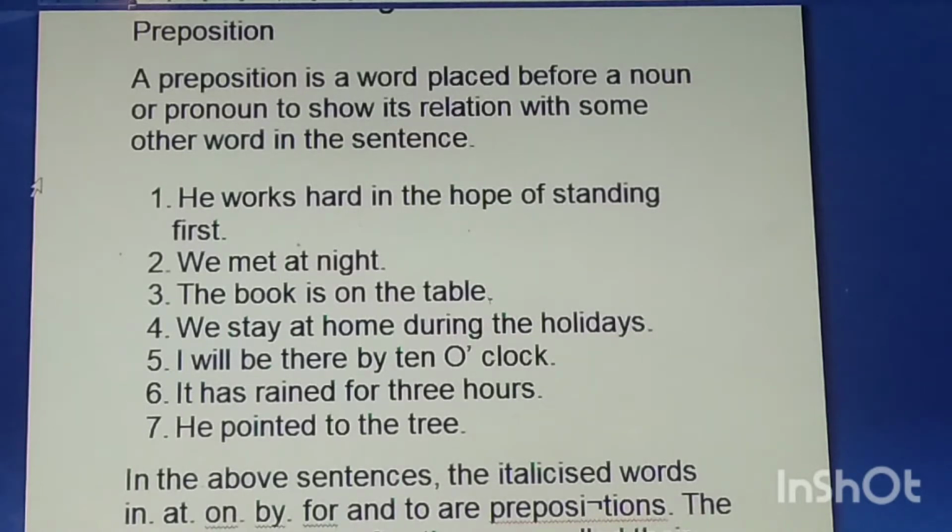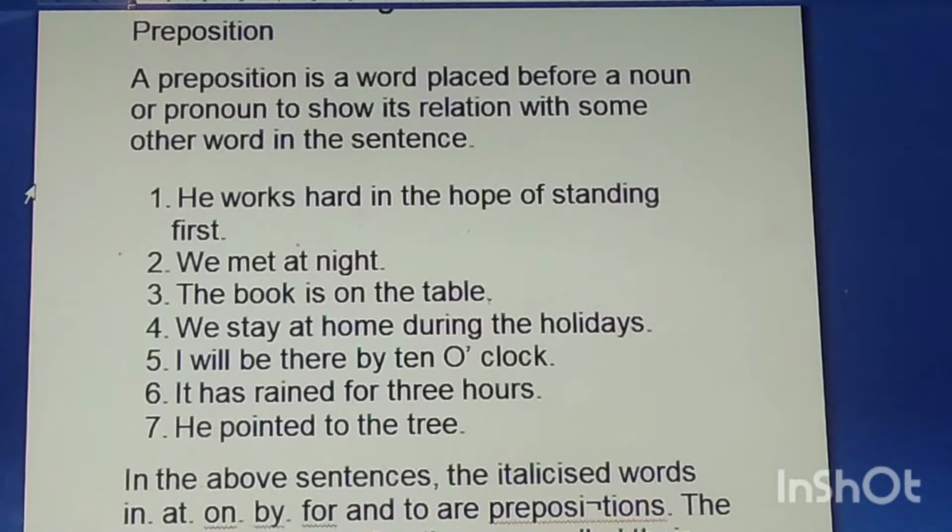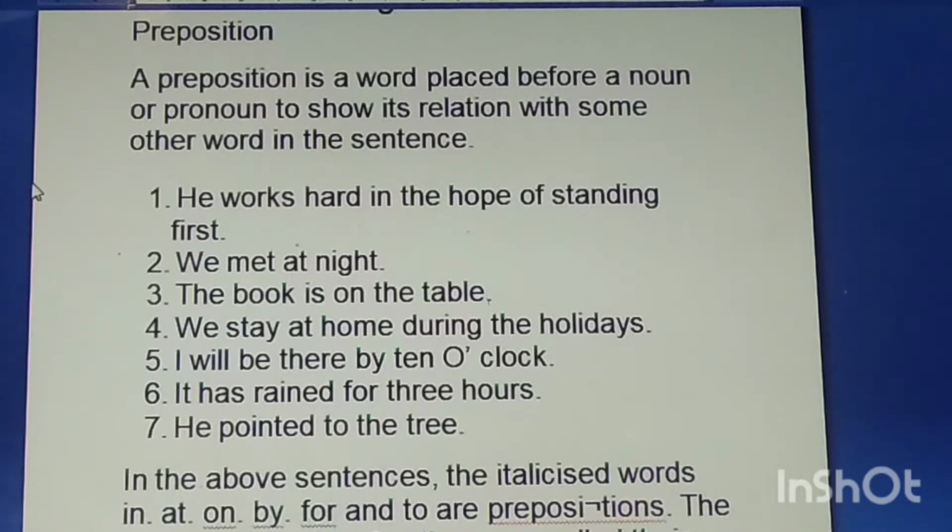Noun, you know, name of person, place or thing. What is a pronoun, children? A word used in place of a noun. See, Ram went to school. Ram is studying hard. No, Ram went to school. He is studying hard. So the word Ram, which is a noun, is replaced by a pronoun he.